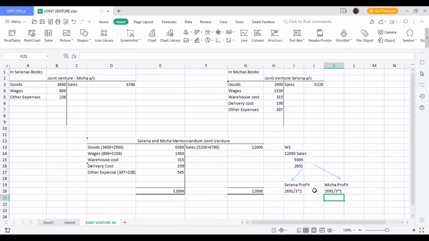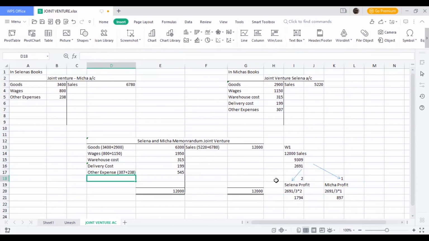Why do we take 3 here when dividing? Because the proportion was 2 here and the proportion was 1. 2 plus 1 is 3. That's how we find this calculation. So 2691 divided by 3 into 2 will give me 1794. And 2691 divided by 3 into 1 will give me a value of 897.